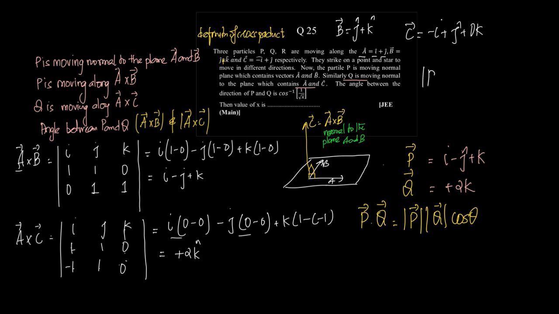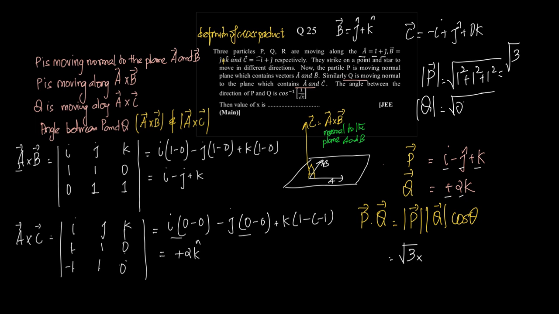What is modulus of p? Modulus of p is root of I component square plus j component square plus k component square, which is 1 square plus 1 square plus 1 square, which is equal to root 3. What is modulus of q? Modulus of q is root of I component square plus j component square plus k component square, which is 0 square plus 0 square plus 2 square, which is equal to root of 2 square, which is equal to 2. So p dot q is equal to root 3 into 2 into cos theta.